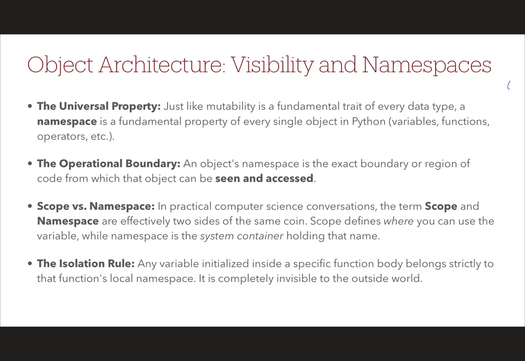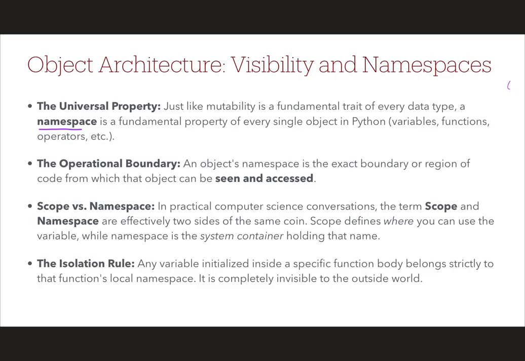Okay, so we were talking about the definition of a function and how to call it. Now, from now on, I will talk about a few things which are very important and you need to be careful. First, just like mutability is a fundamental trait of every data type, there is something called a namespace you need to remember.